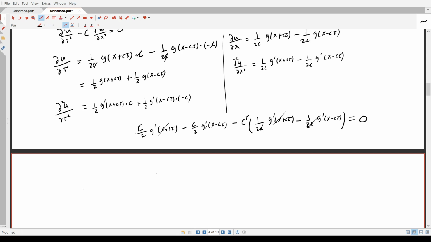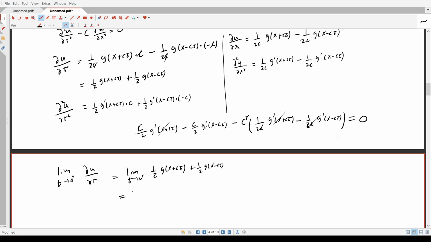Next part, it says show that the limit as t goes to 0 on the positive side of du/dt. Well, let's just evaluate this real quick and we'll see what this is. So this is the limit as t goes to 0 of 1 half g of x plus ct plus 1 half g of x minus ct.